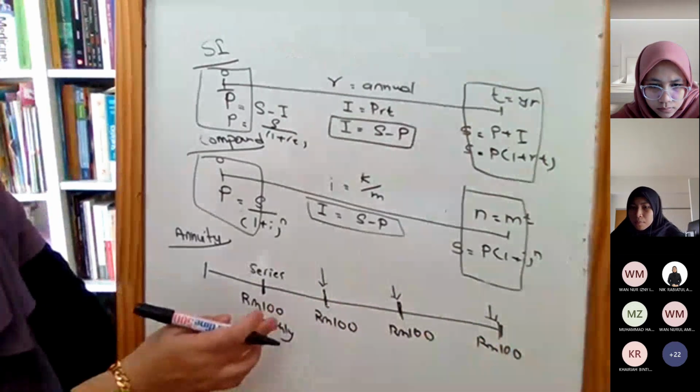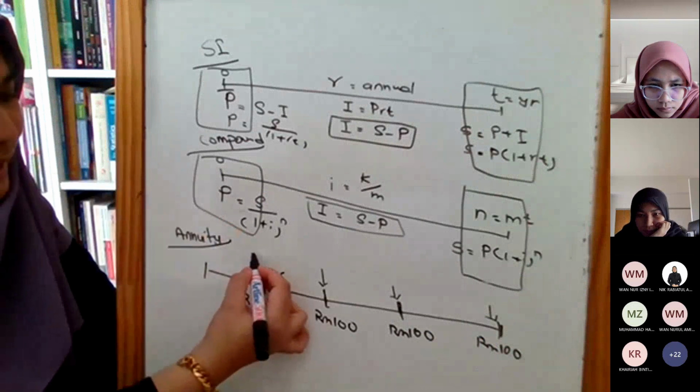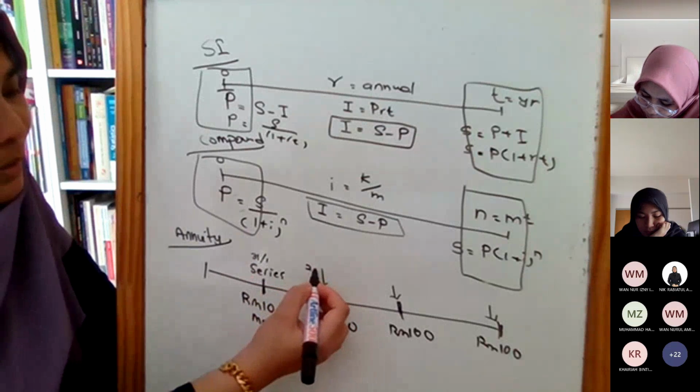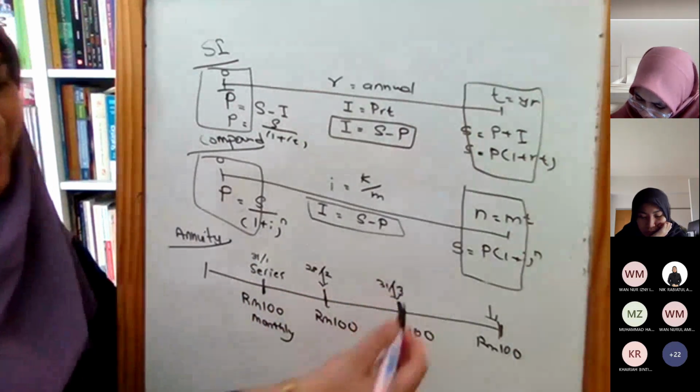Right? Let's say this is RM100 monthly. Maka bayaran tu dibuat pada 31 Januari. Kalau bulan depan, 28 Februari. Depan lagi, 31 Mac.